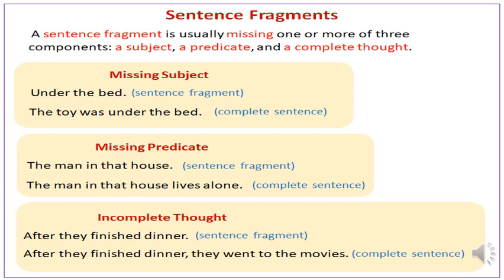After they finished dinner, this is an incomplete thought. After they finished dinner. Sentence fragment. After they finished dinner, they went to the movies. This is a complete sentence, a complete thought.